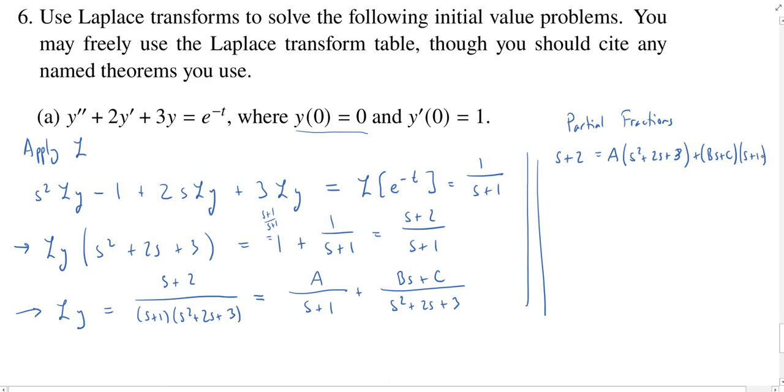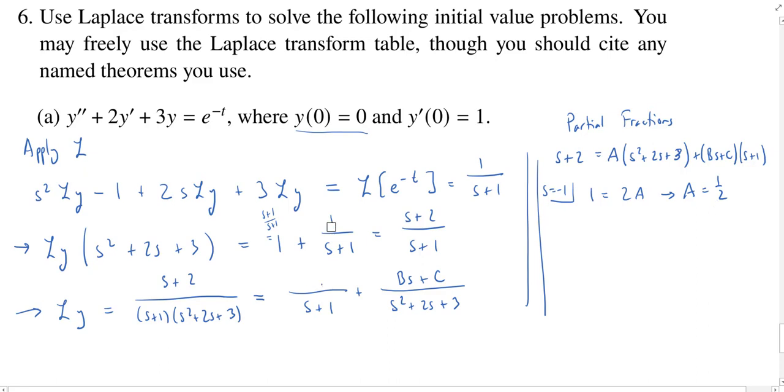Okay, we notice that if I make s equal to negative 1, the second summand will go away. So when s is equal to negative 1, what am I going to get? Negative 1 plus 2 on the left, which is 1. And on the right, the second summand goes away, and so I get negative 1 squared, which is 1, minus 2, so that's negative 1, plus 3 is 2. So 2A is going to equal 1. Dividing by 2, we see that A is equal to 1/2.